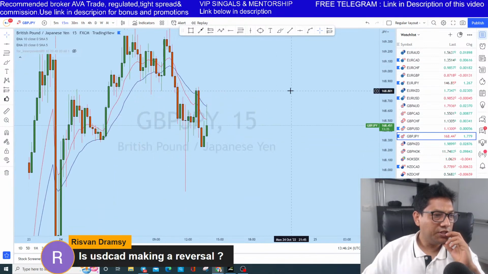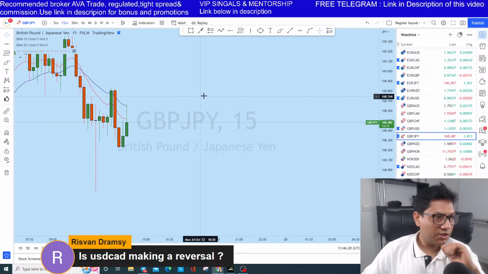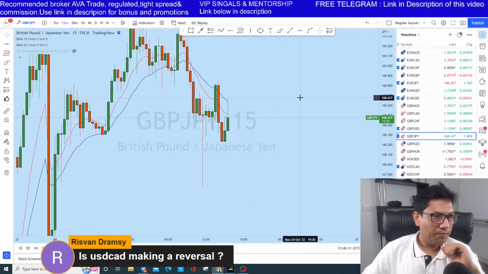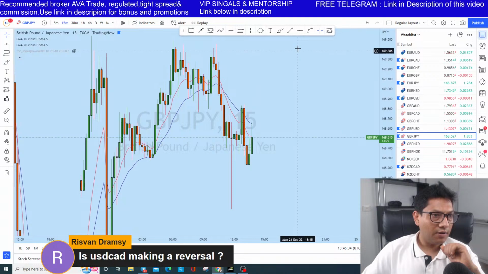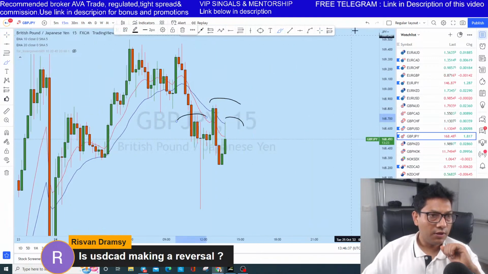Okay, so GBP JPY has a spike to the upside, which is in fact creating a possible head and shoulder here in this zone.